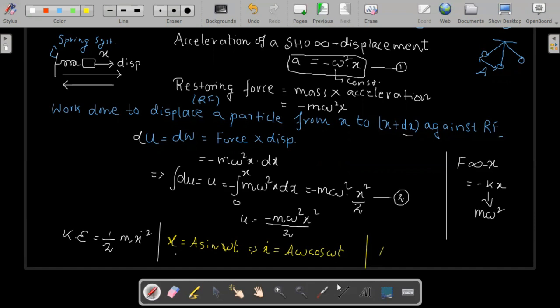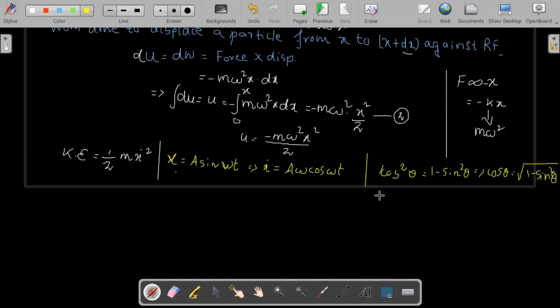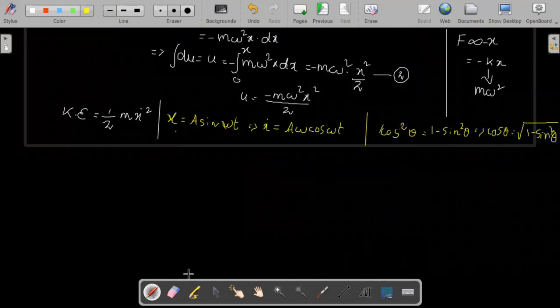So cos square theta is equal to 1 minus sine square theta, or we can say that cos of theta is equal to root over 1 minus sine square theta. This is the relation that is known to us. So we're going to use it here, and let's see what we get.